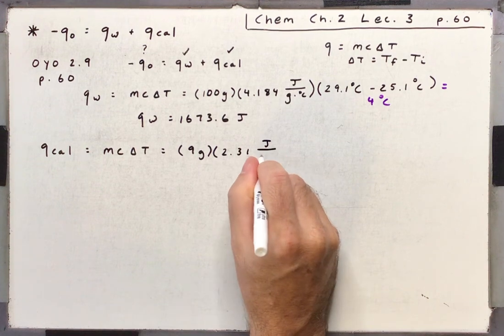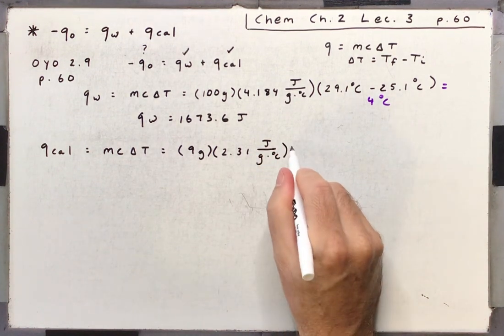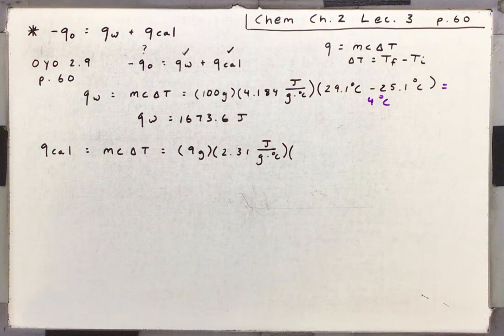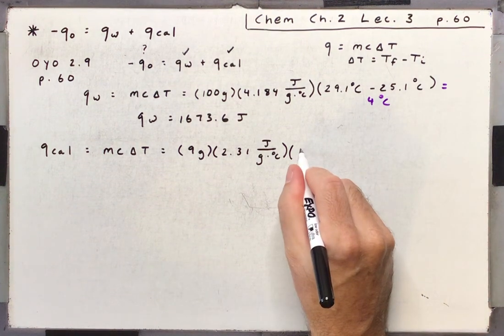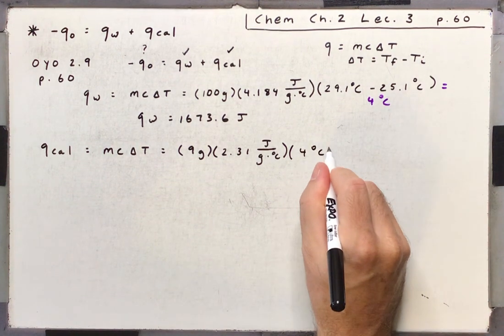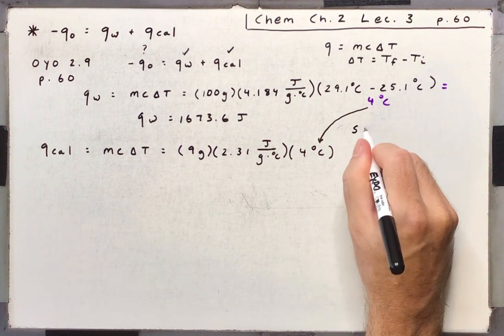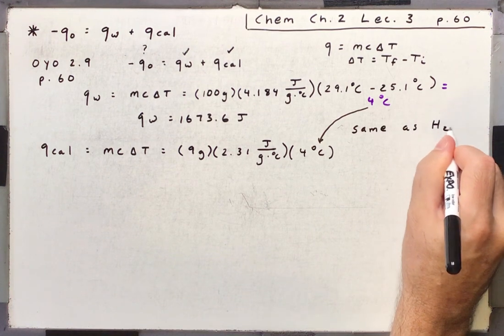So that's just right in the problem there in parentheses. And then the final temperature and initial temperature of the calorimeter is the same as that of the water. So that's 4 degrees C. They're always the same. So same as the water.